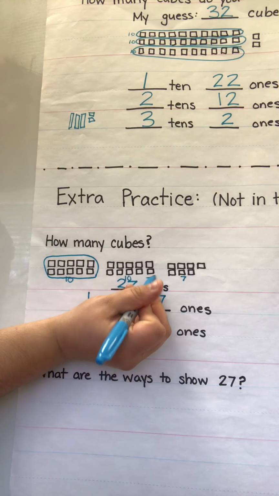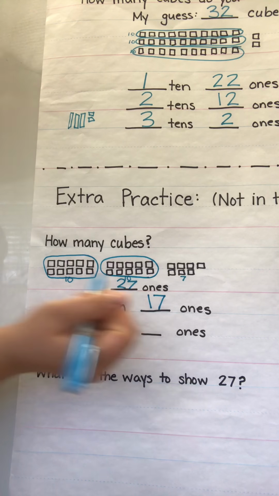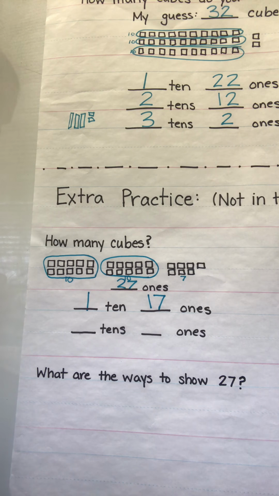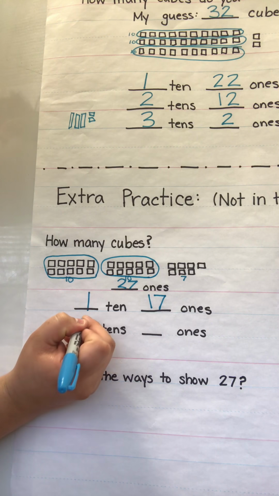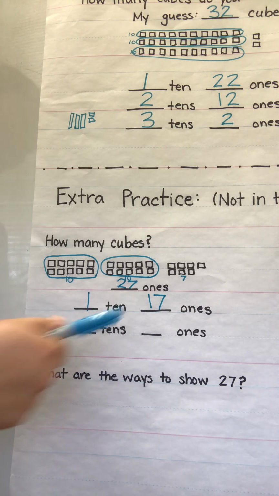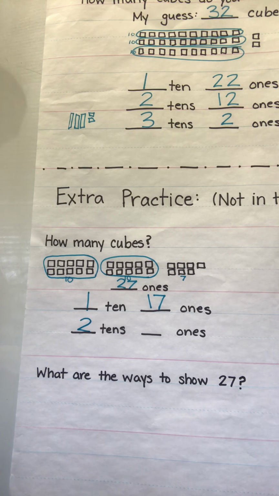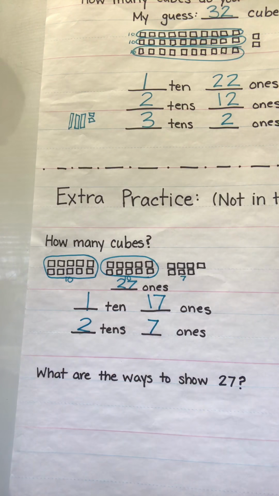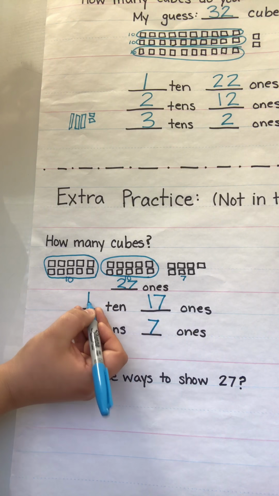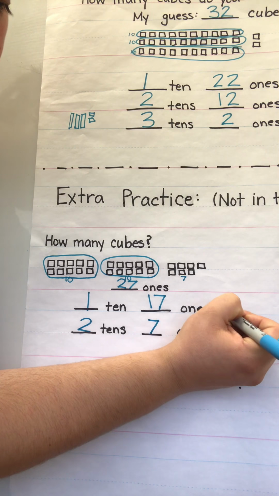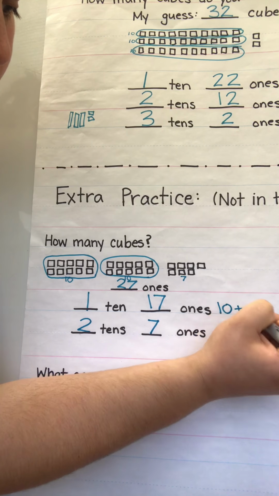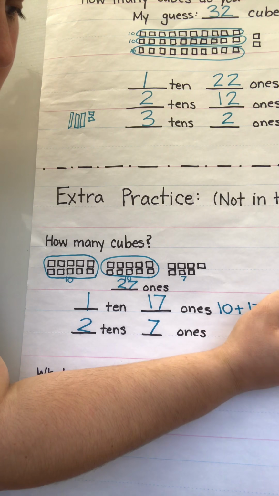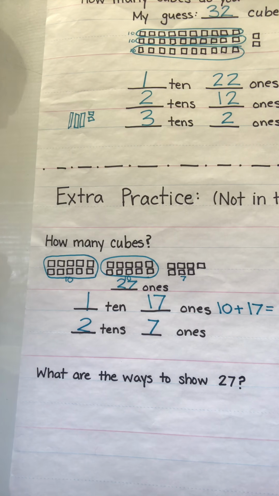I'm now going to group my second group of 10s. How many groups of 10 do I have now? I now have 2 groups of 10s, which leaves me with how many 1s left over? That's right, 7 1s. So again, if we break this down, and we have one group of 10 plus the 17 1s, what do we have?